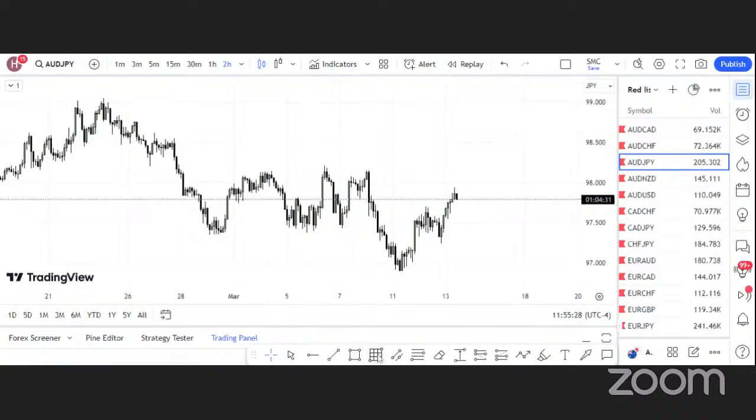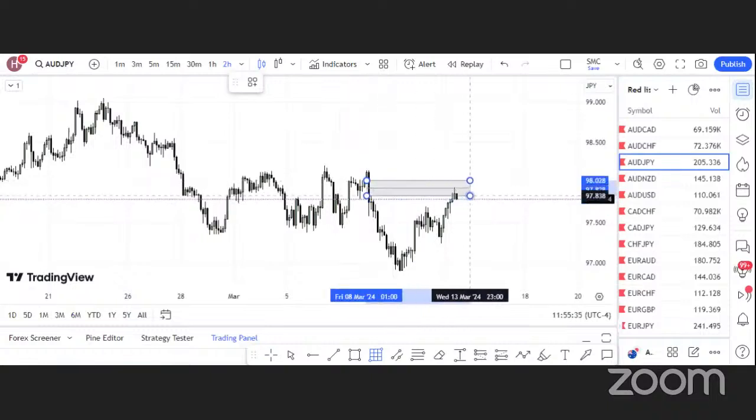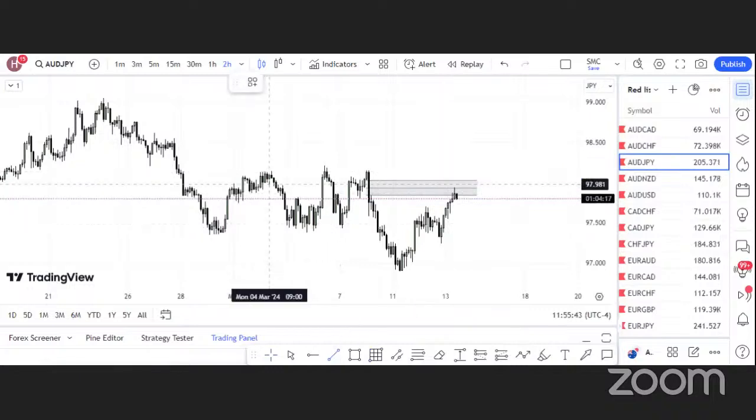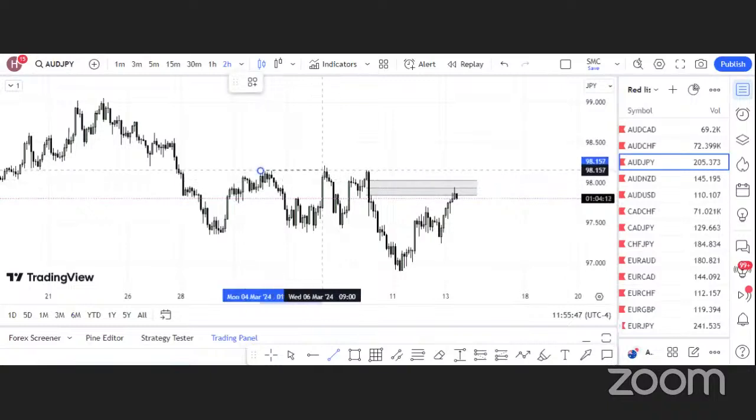AUDJPY. The Australian dollar against the Japanese yen. Before we play this trade, let's see if this aligns well with the technical analysis.